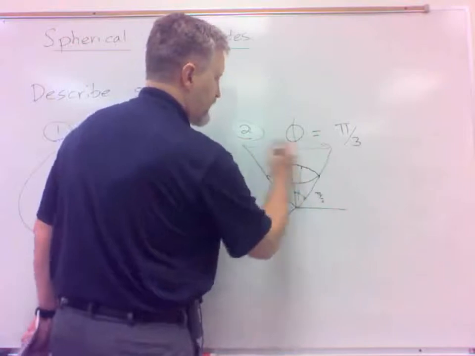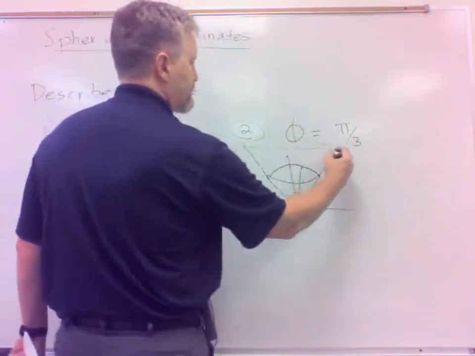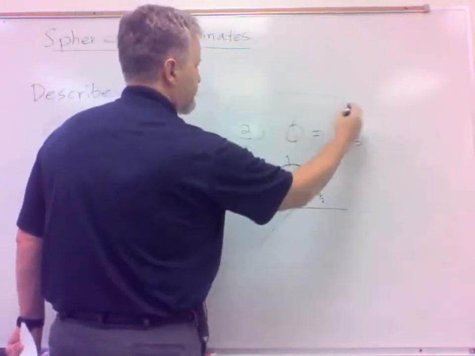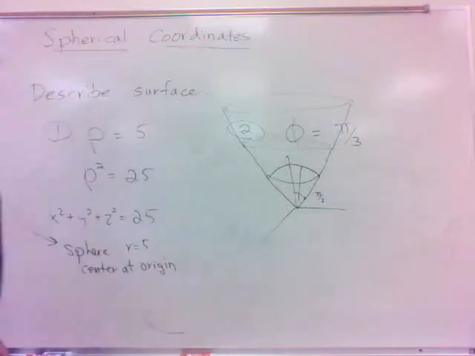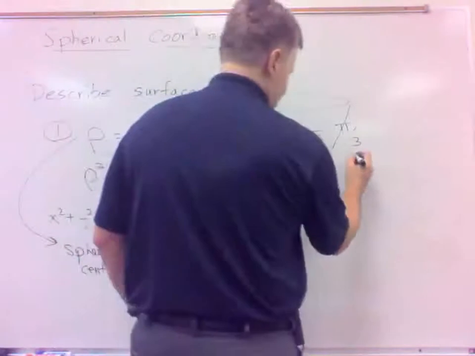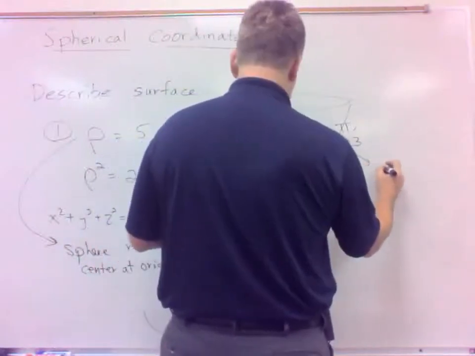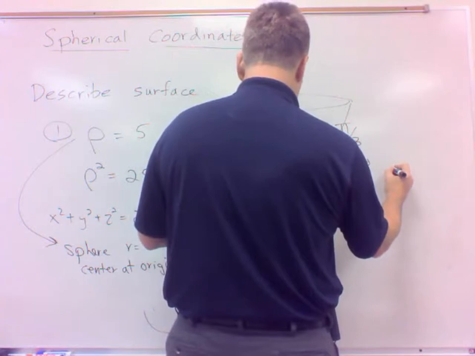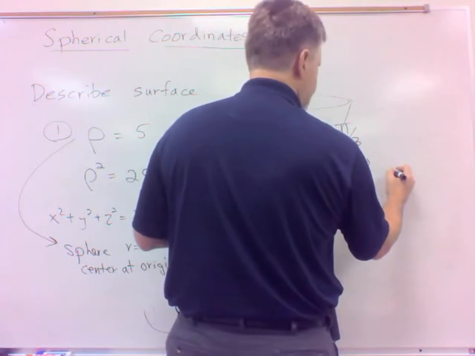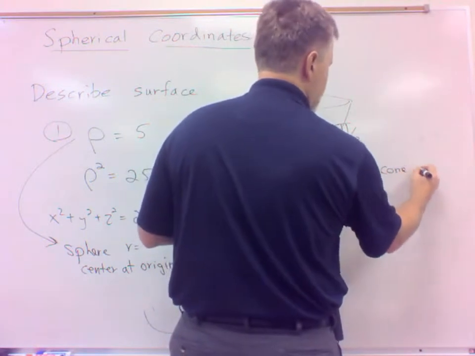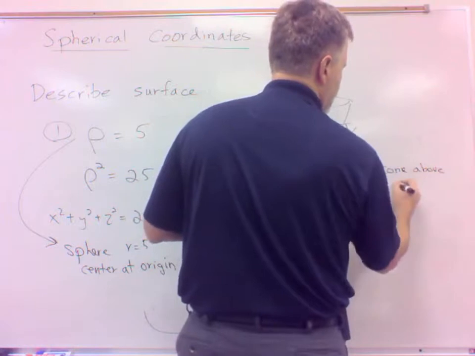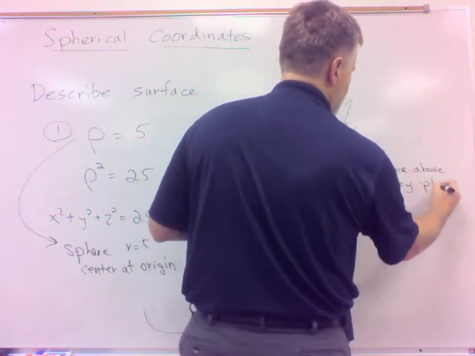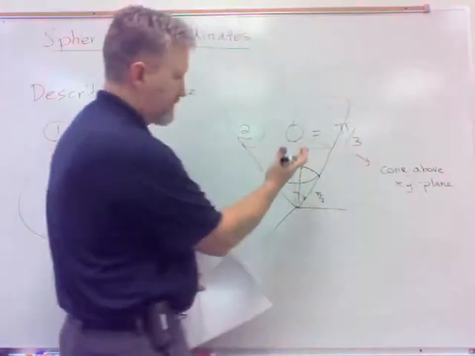And so you just get a nice cone shape, going infinitely out there. So phi equals pi over 3, that's the cone above the xy plane, with the angle being pi over 3.